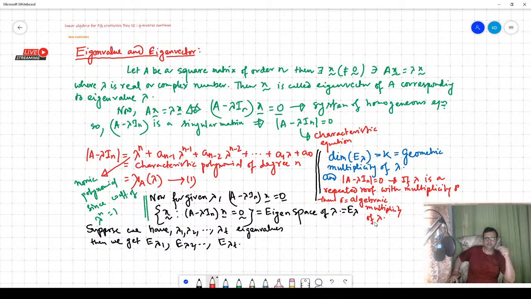So this r is called algebraic multiplicity of lambda.